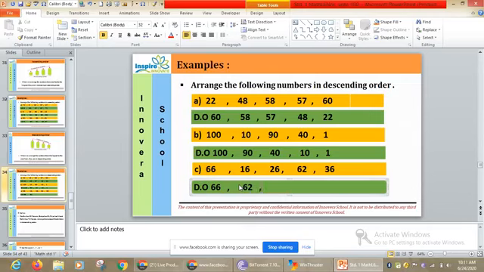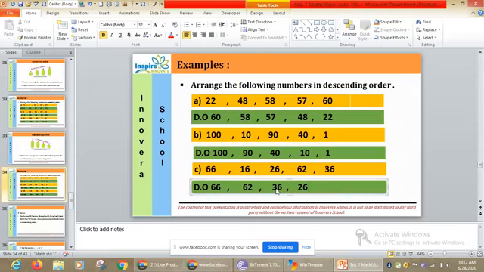Now before 6 what comes? 5 is not there. 4 is also not there. 3, yes, it is there. Which is that number? That number is 36. Then the number starting with 2 is there. That is 26.